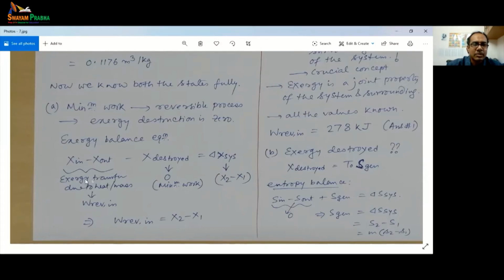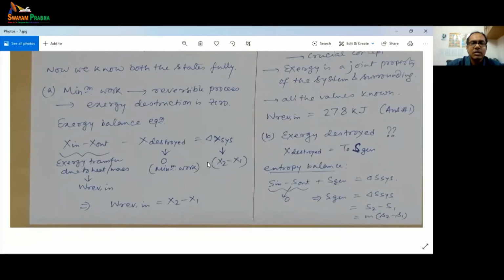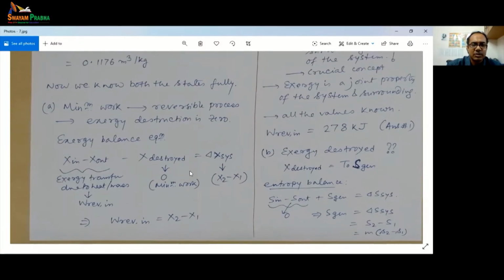So the exergy transfer due to mass and heat, that is X in minus X out, minus X destroyed, will be equal to delta X of the system, that means the change in exergy. For minimum work, we already said the exergy destruction will be 0, so this term does not appear.